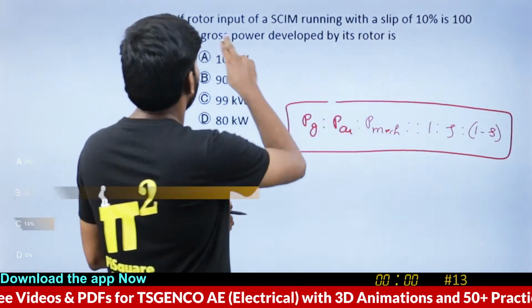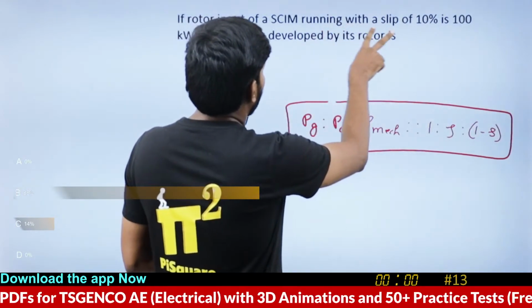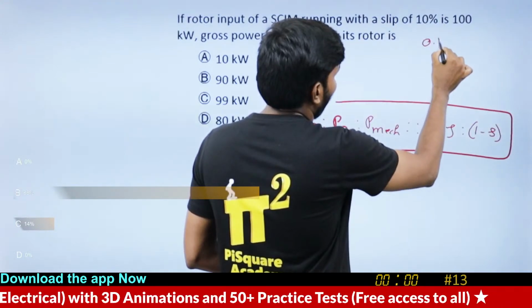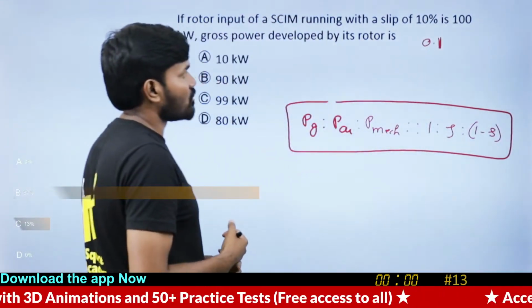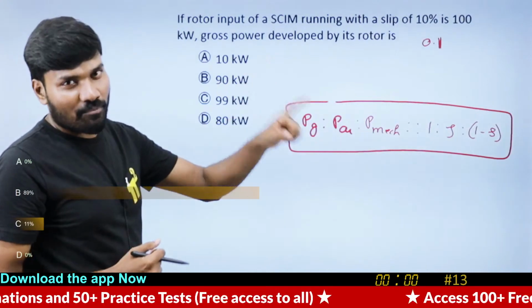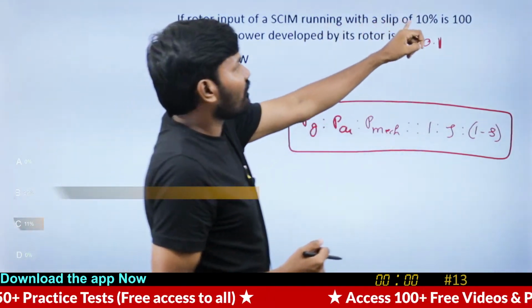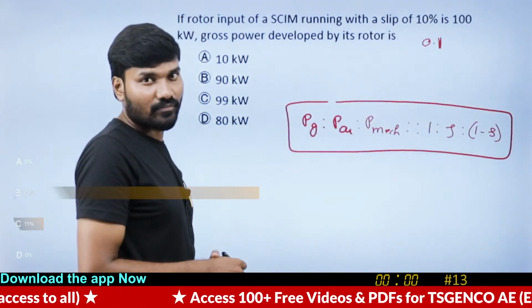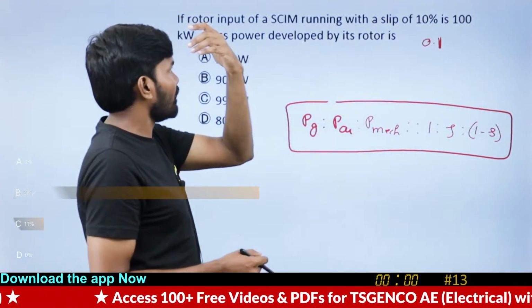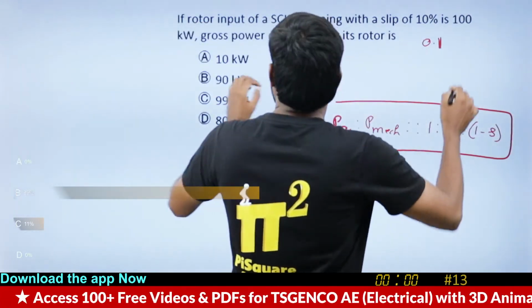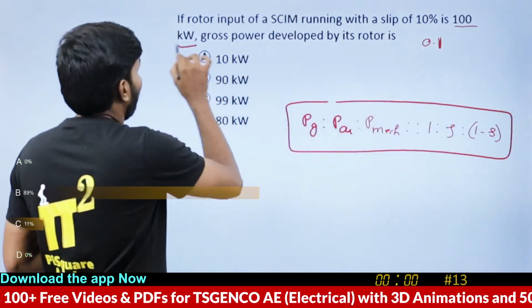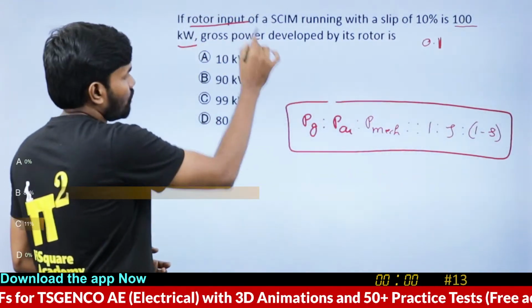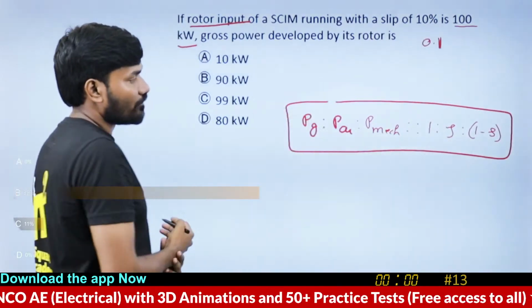Simple logical thing. A rotor input of a squirrel cage induction motor is running at slip 0.1. 10% means 0.1. 0.1 means 10% of the power is lost in the copper losses. So 100 kilowatts you are giving to the rotor, so PG is 100 kilowatt.